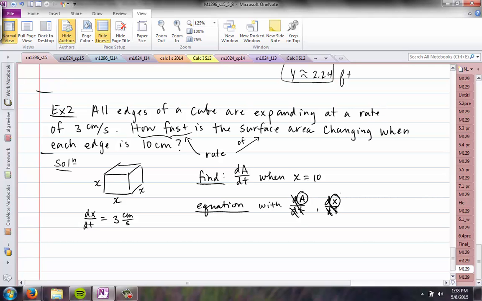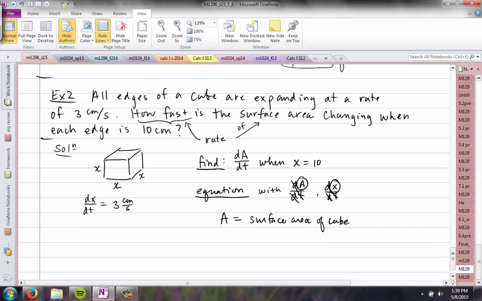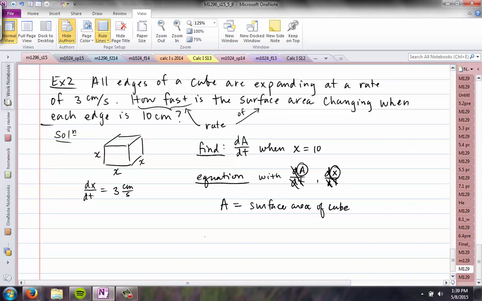So given that part, an equation with A and x in it is going to be the surface area equation of the cube. This formula is not given, but we can derive it quite easily. Notice that each face is going to have area of x squared.